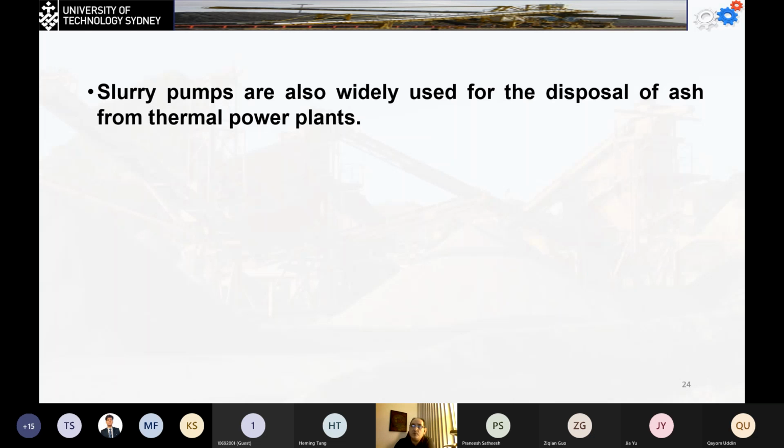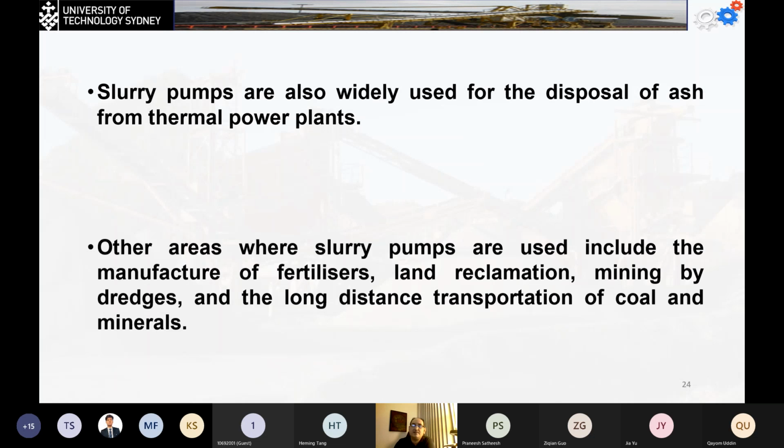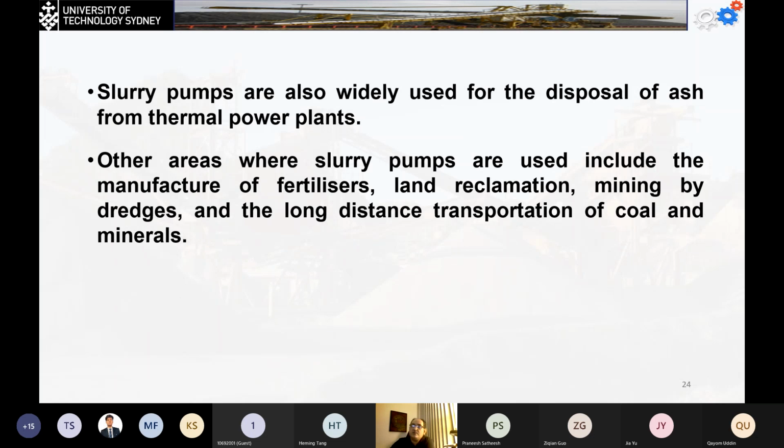So in New South Wales, mostly, and Victoria, it's going to be used for the ash disposal from the thermal power plants. Other areas where the slurry pumps are going to be used include the manufacture of fertilizers, land reclamation, mining by dredge, and the long distance transportation of coal and minerals.